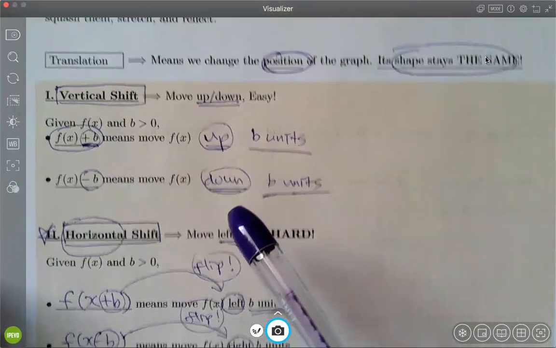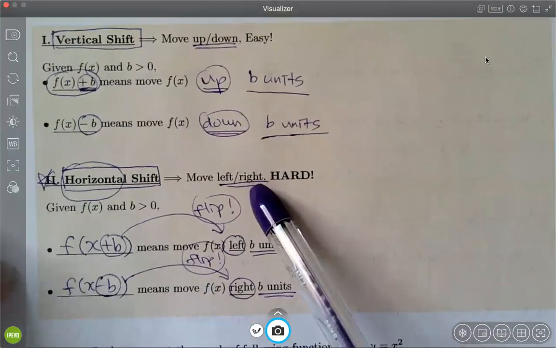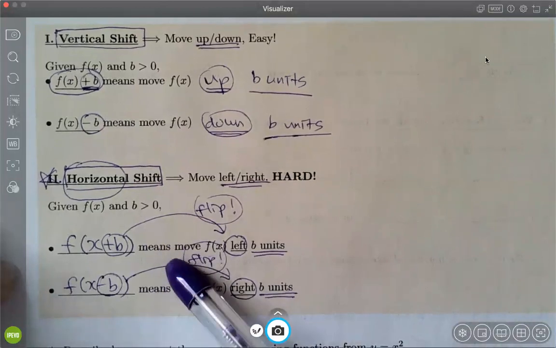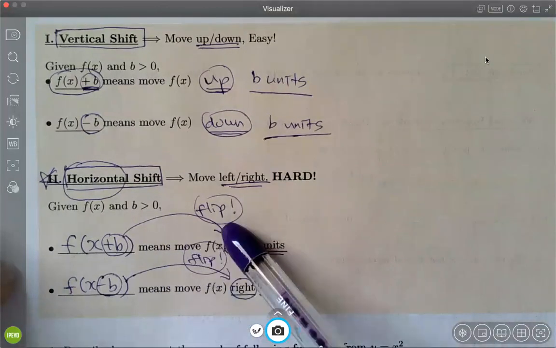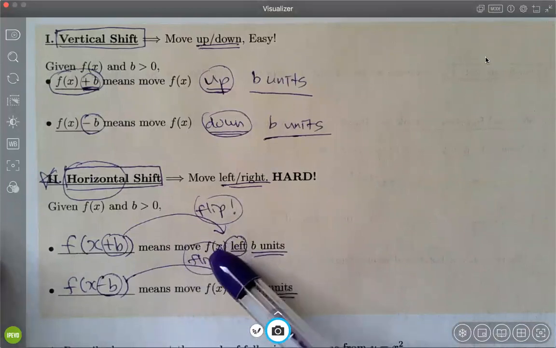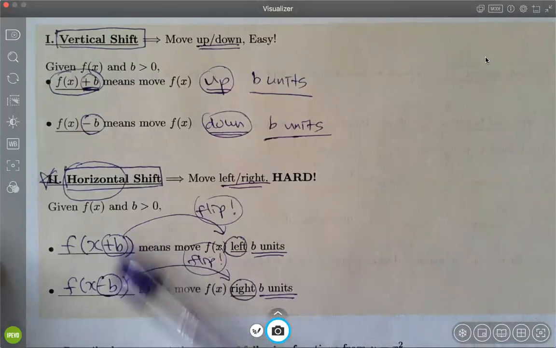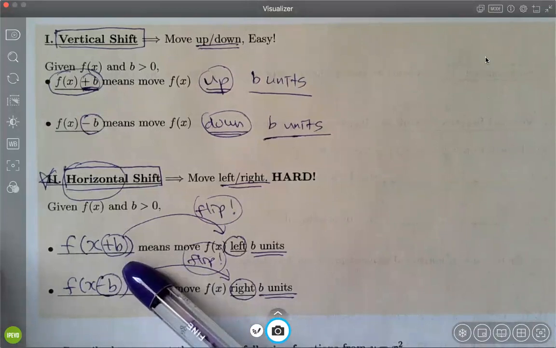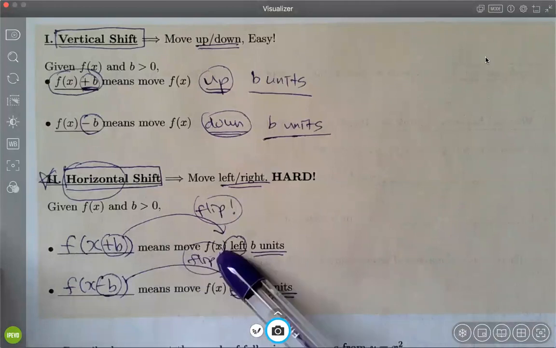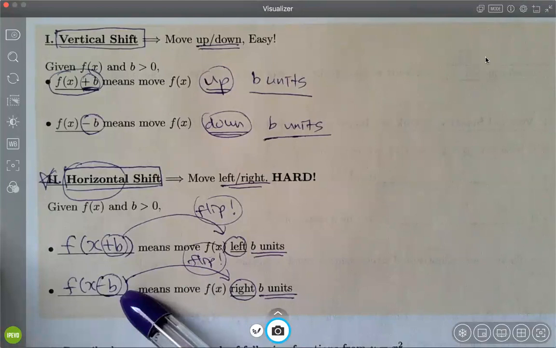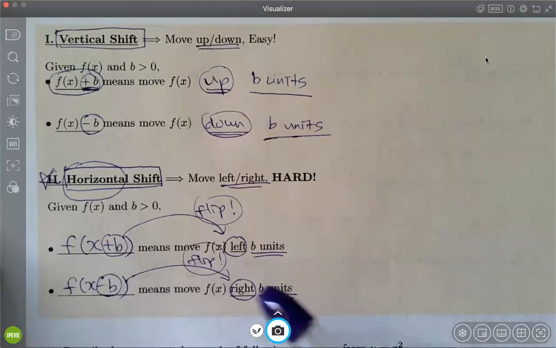Now, however, for the left or right, which means horizontal shift, we still add and subtract something, but not in the back from the function, but we add and subtract to x, okay? So that number stays within the parentheses, okay? And it seems like when we add something, we have to go to the right, but no, we have to think backwards, so you have to go left, okay? And if we subtract something, it seems we have to go left, but no, you have to think backwards, so you have to go right, okay?